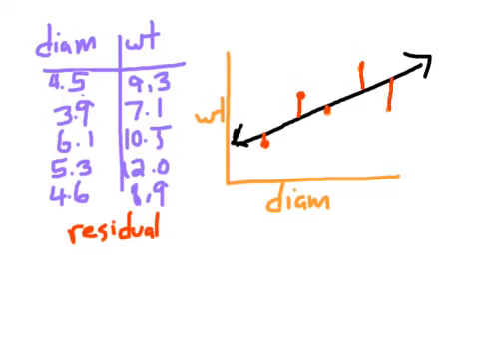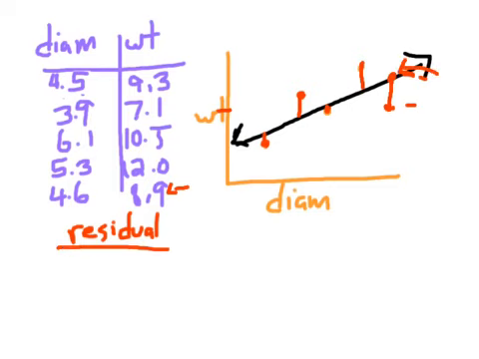So for example, for this last point, how would I calculate how big the residual is? Well, where this point actually is right here, that's 8.9. That's the number that is the actual y value. This number right here is what you would predict the y value to be. And then we subtract those.